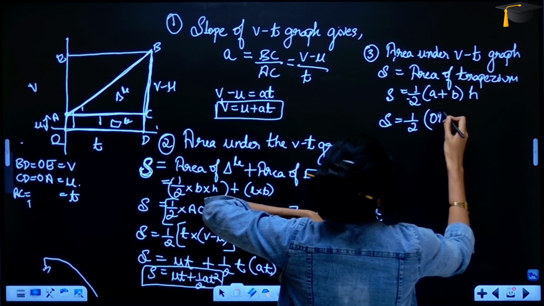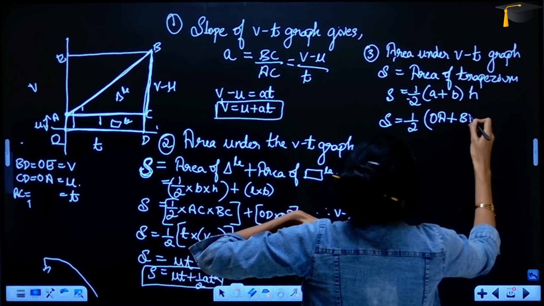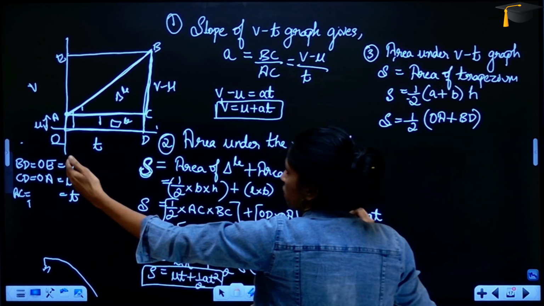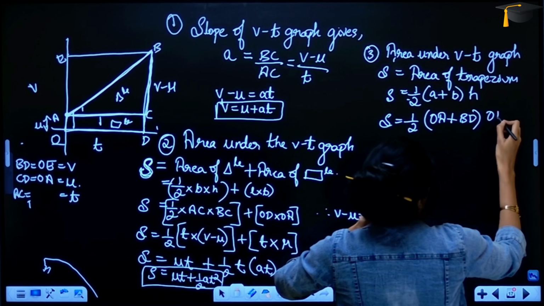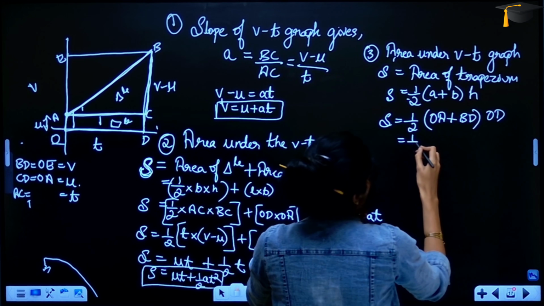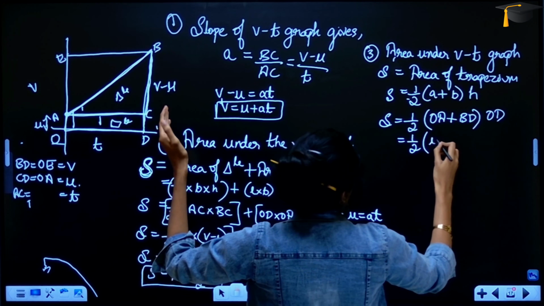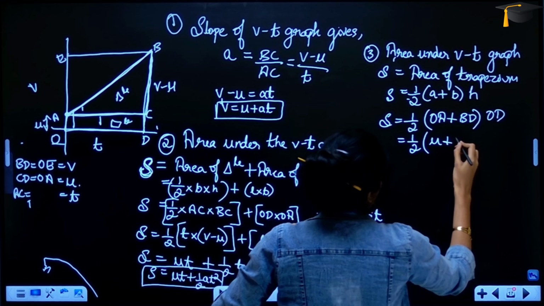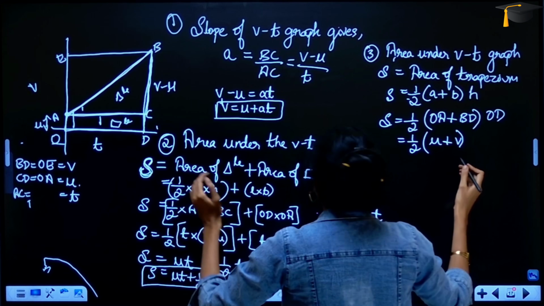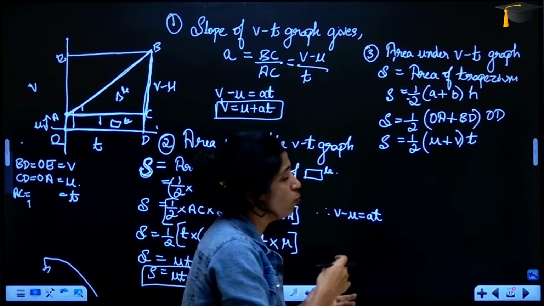And the height connecting those two parallel sides is of course OD. Now substitute finally. OA is U, BD is V, and OD is time here. So we got S equals half of (U plus V) into T.